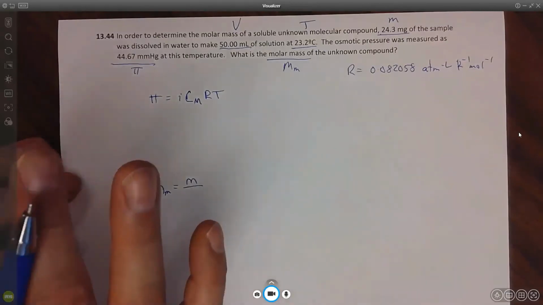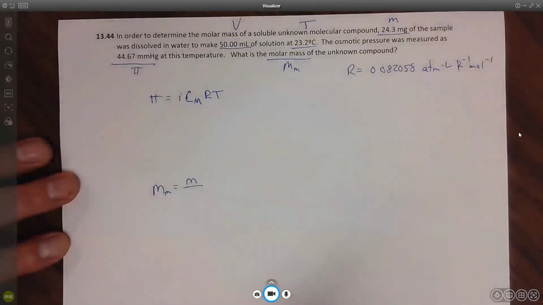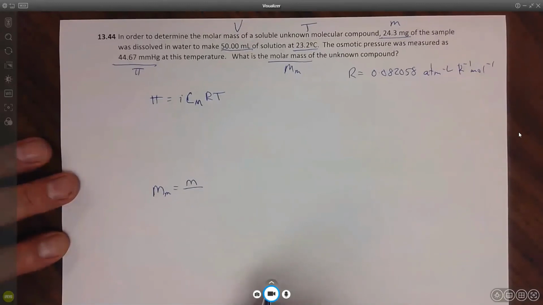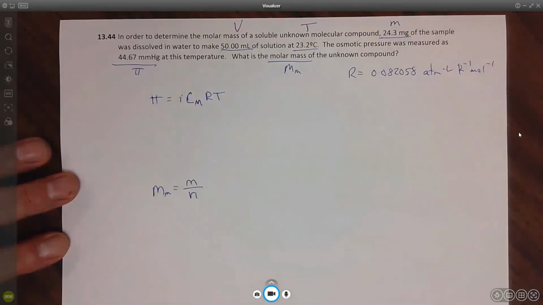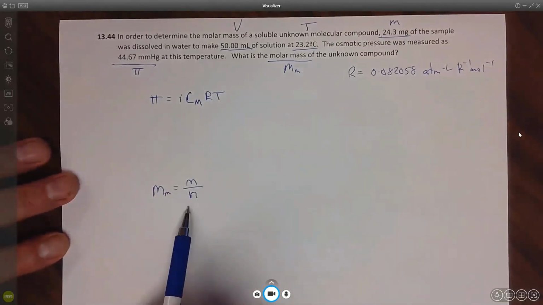Moles are the unit. What variable do we use for moles? MOL. No, that's the unit, mole. What is the variable? Just N. Oh. So there's our equation.